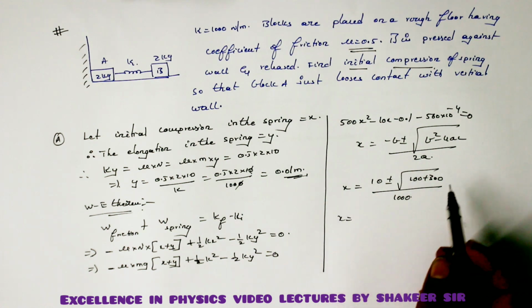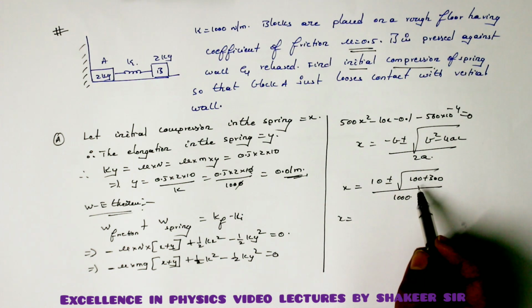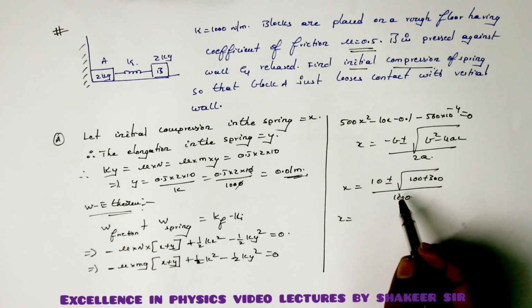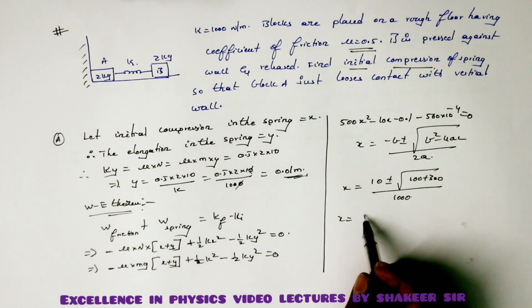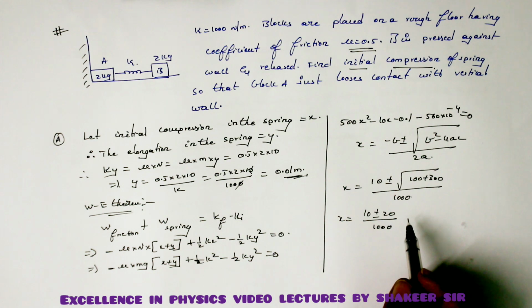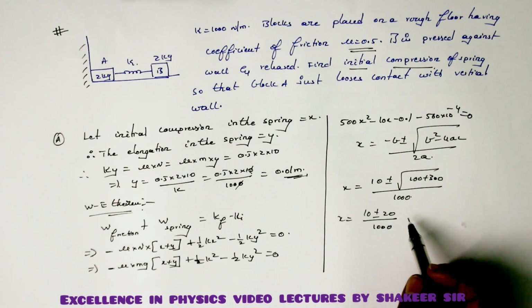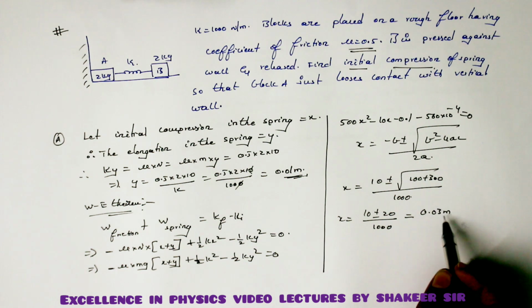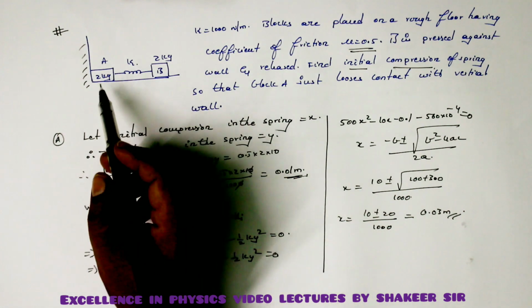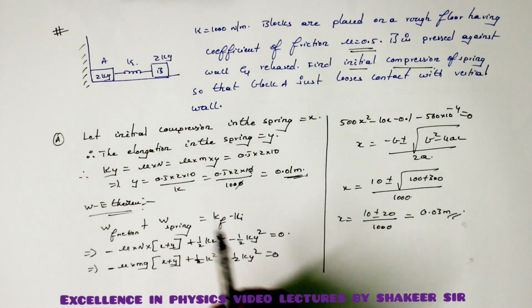Here it is 300 plus 100, 400, and the square root of 400 is 20. So 10 plus or minus 20 divided by 1000. Considering only the positive value, its value should be equal to 0.03 meters. That should be our initial compression, so that the 2 kg body leaves contact with the vertical wall.